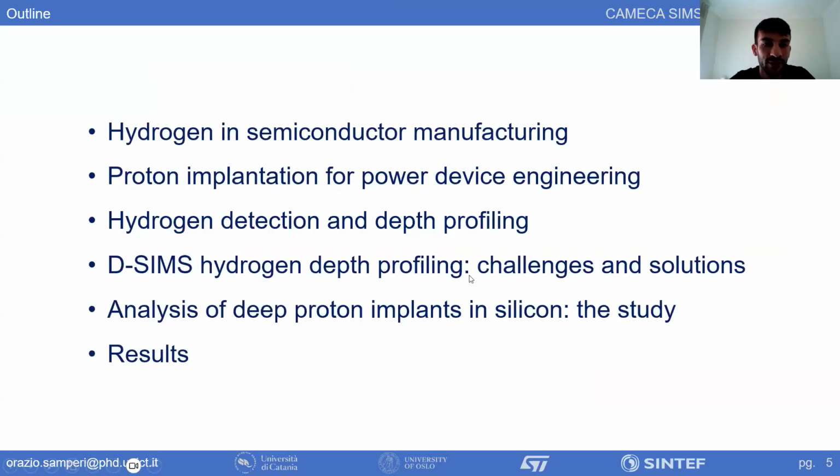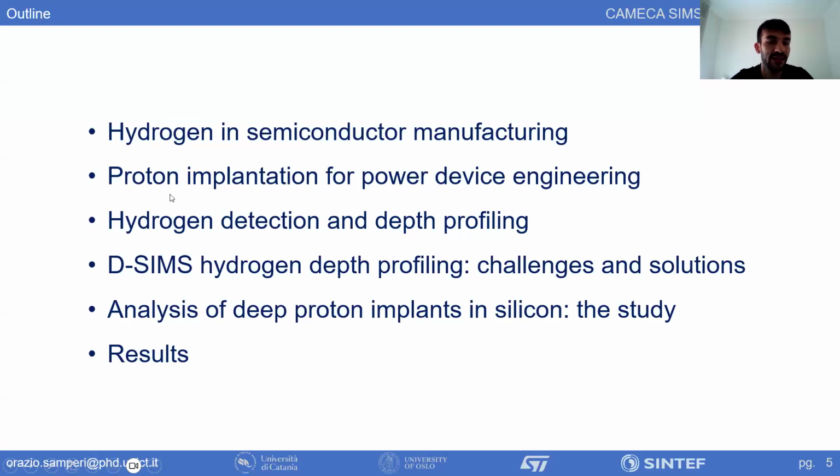Before showing you my results, I would like to give you some background about the importance of analyzing hydrogen in the semiconductor industry. Then we'll see more about hydrogen in semiconductors.